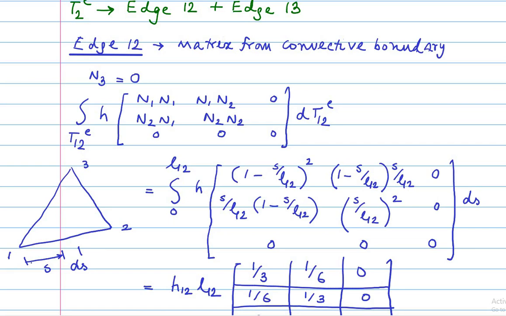If you take a variable s from this side, then n1 can be written as 1 minus s by L12, because it should be 1 here and 0 here, and n1 will be 0 at 3. So n1 is 1 here and 0 here.